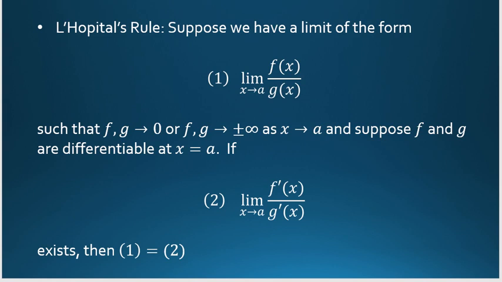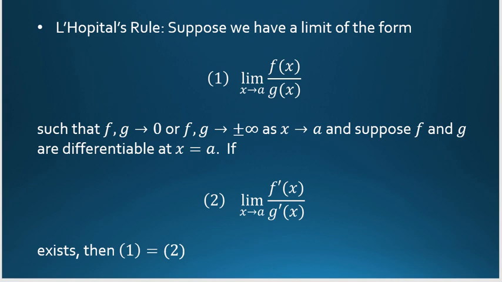And suppose this limit is such that f and g both go to 0, or f and g both go to negative or positive infinity as x goes to a. Also, we're going to suppose that f of x and g of x are differentiable at x equal to a.